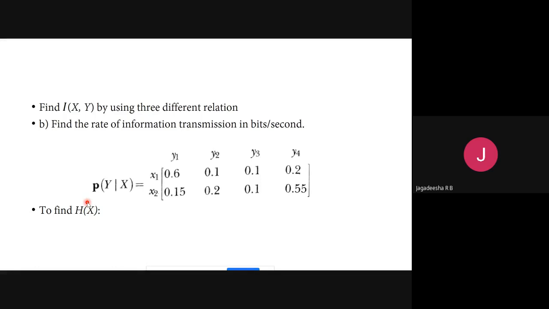Can someone tell me how to find H(X)? Just tell me the equation to find H(X). Maybe may I call Austin? Okay, no problem. So I call Bindu. Bindu, can you answer? Okay.